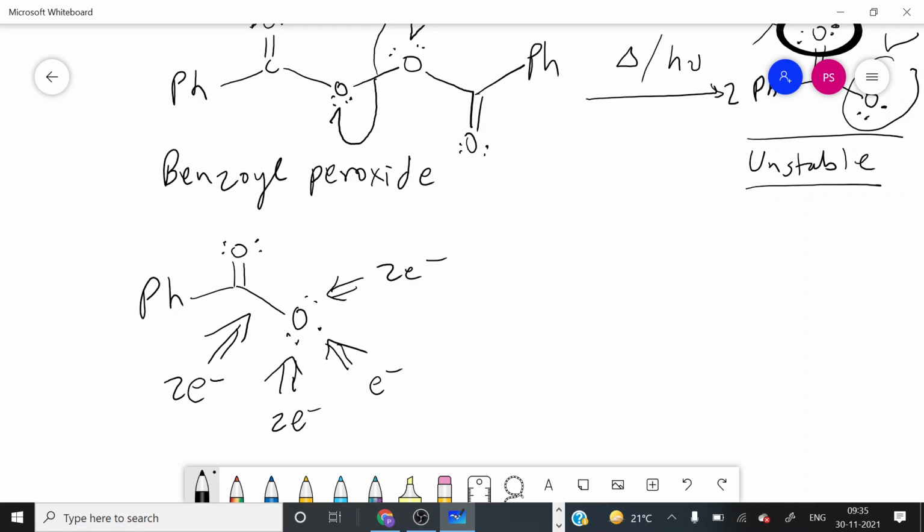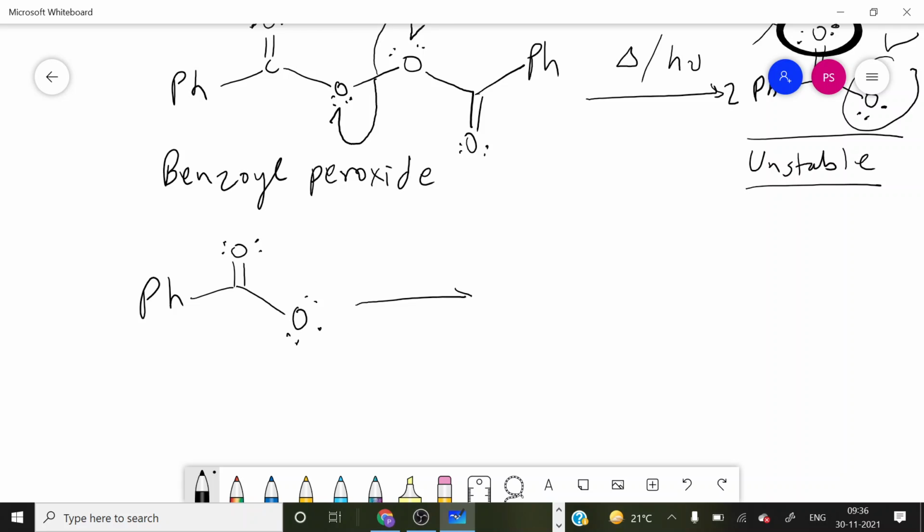So only 7 electrons are there around this oxygen atom, meaning the octet is incomplete. So what is the driving force for this? First thing, the octet is incomplete, so this oxygen tries to complete its octet and release a more stable carbon dioxide gas.